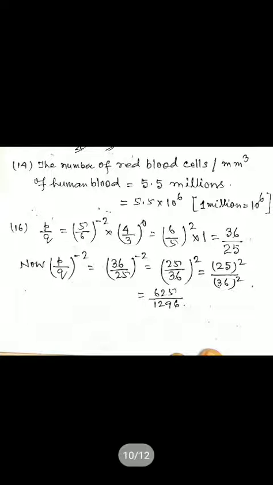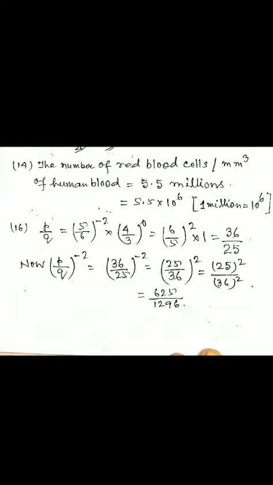Question number 16. If P by Q equals (5/6) whole raised to the power minus 2 multiplied by (4/3) raised to the power 0, find the value of (P by Q) raised to the power minus 2. So first of all, find the value of P by Q. P by Q equals (5/6) raised to the power minus 2 multiplied by (4/3) raised to the power 0. It can be written as (6/5) whole square multiplied by 1, that is 36 by 25.